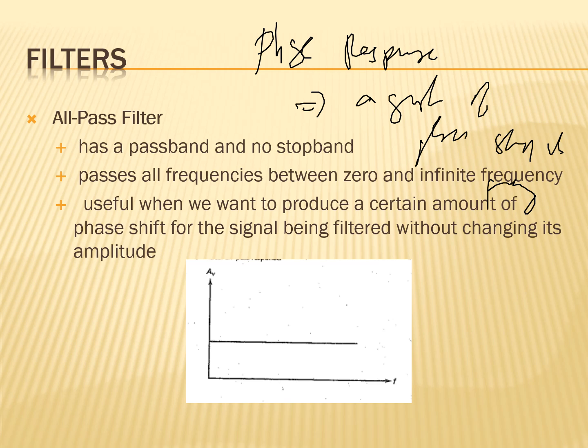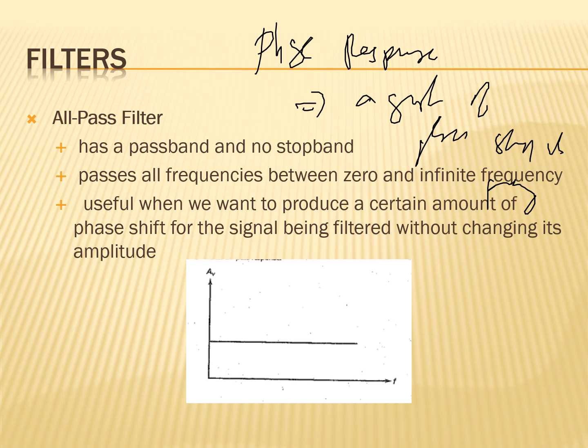However, the phase response of an all-pass filter is different from that of the ideal low-pass filter. In the all-pass filter, each distinct frequency can be shifted by a certain amount as it passes through the filter. One good example of an all-pass filter is the phase shifter, which was discussed in our electronic oscillator topic.